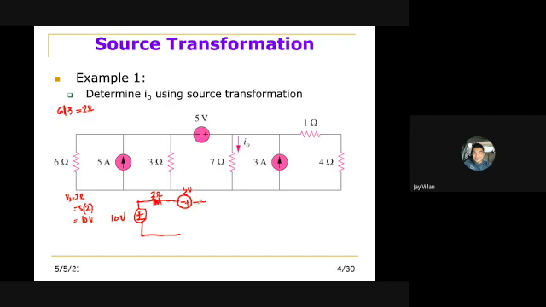Both of them are on the right side. So therefore, we can erase this. We can combine both. So we simply add these voltage sources. Okay? So we erase this.